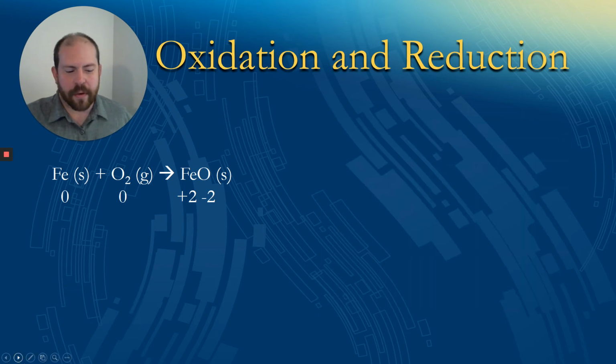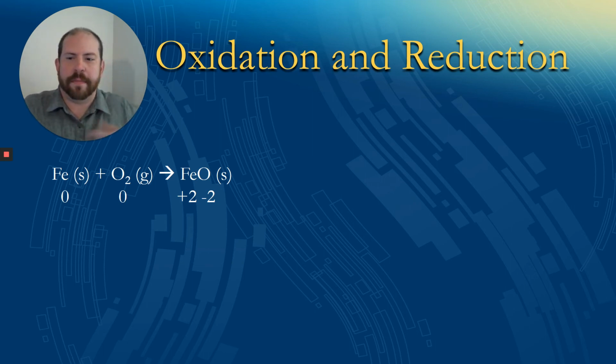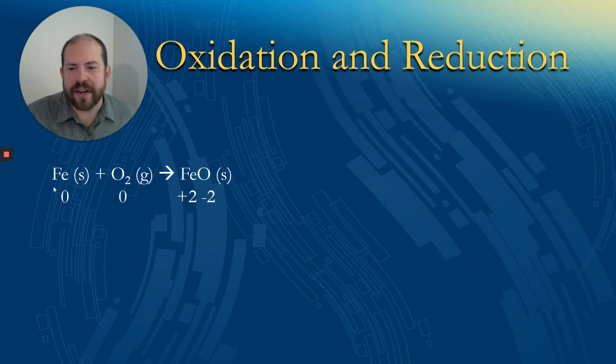The final thing I want to say about this terminology comes from the fact that oxidation and reduction always have to complement each other. If one thing is gaining electrons, something else has to be losing electrons to be the source of those electrons. You can't have oxidation without reduction. You can't have reduction without oxidation. So in this reaction, if we look at what happened to oxygen, oxygen was itself reduced.